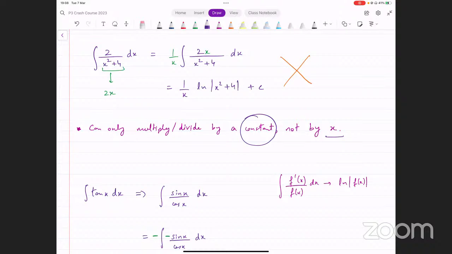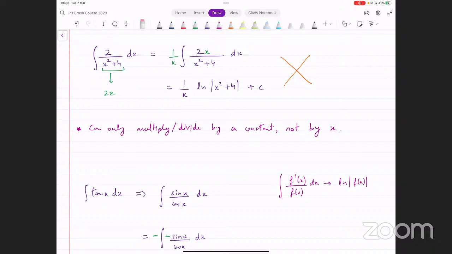We can't multiply and divide by x like in this example. If we do that, it would be wrong and would not give us the correct integral. So we can only multiply and divide by constants, not by variables. That's what we did in our last session.